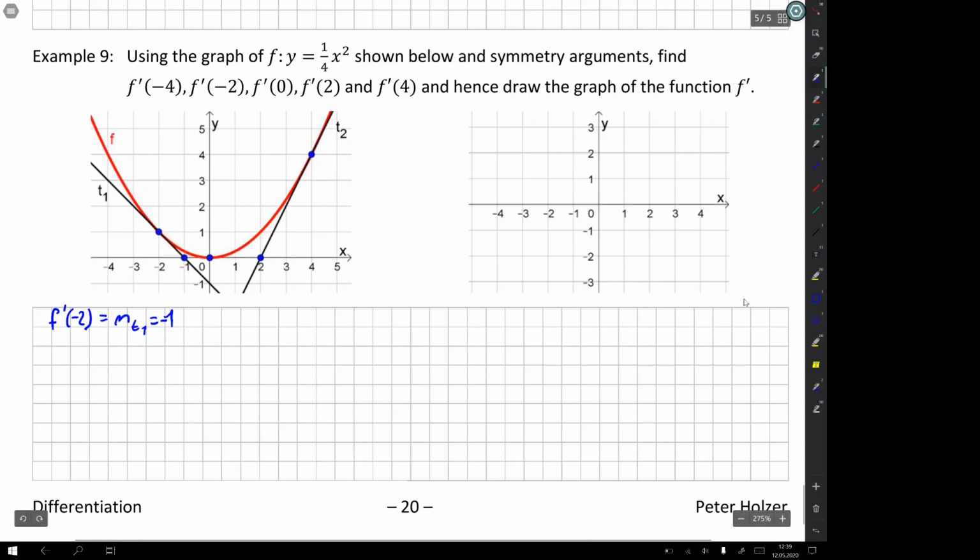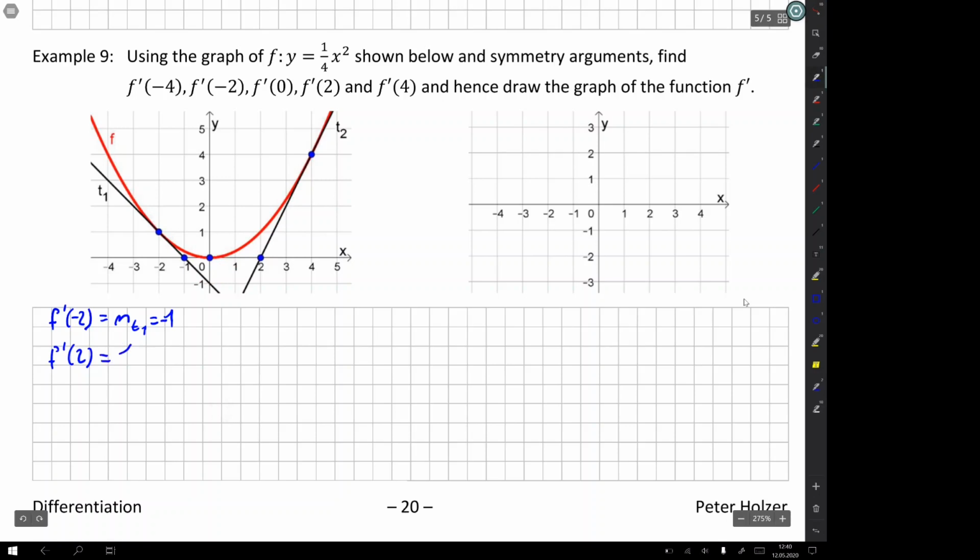Now, for symmetry reasons, we know how much f dash of 2 is. F dash of 2 means it's the gradient in the point with x coordinate 2, so we're in this point, and because we know that y equals 1/4 x squared is symmetric about the y-axis, the tangent is T1 mirrored at the y-axis, and this means its gradient is now not -1 but +1.